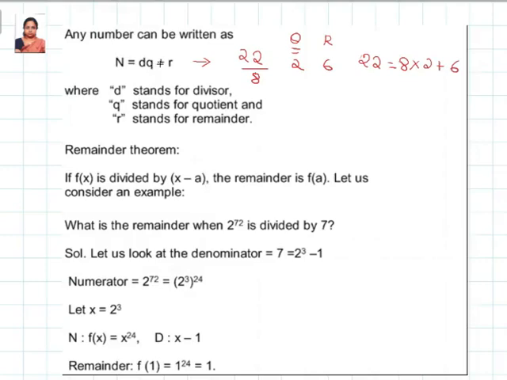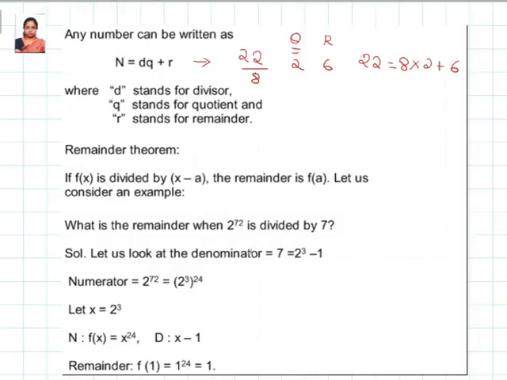If it is 0 after you substitute x is equal to a, then we call x minus a a factor of the equation given in f of x. We are going to use this function for finding the remainder in a number.